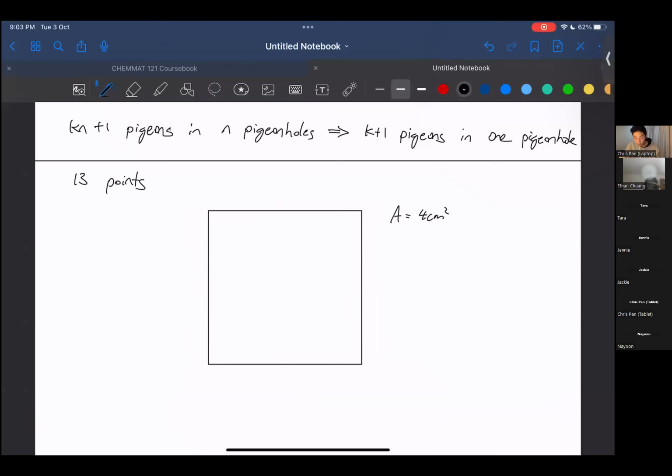We're gonna partition this into four smaller squares, each with side 1 centimeter. So each of these has area 1 centimeter squared, clearly, since we partitioned a 4 centimeter squared square into four smaller squares, each of which has 4 divided by 4 equals 1 centimeter squared of area.